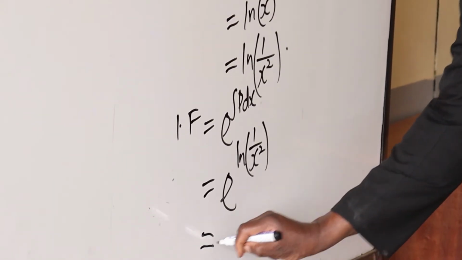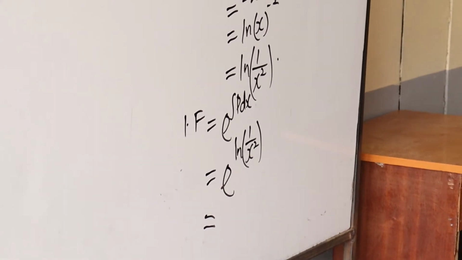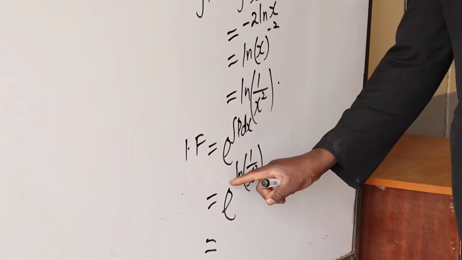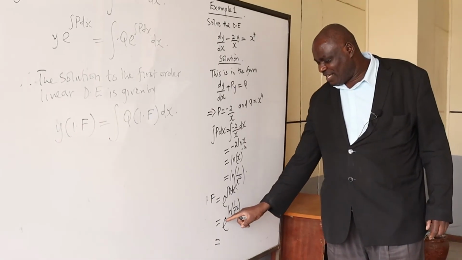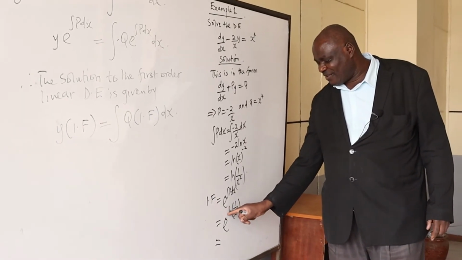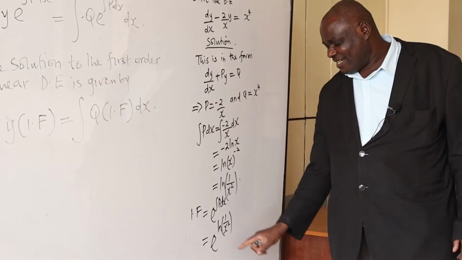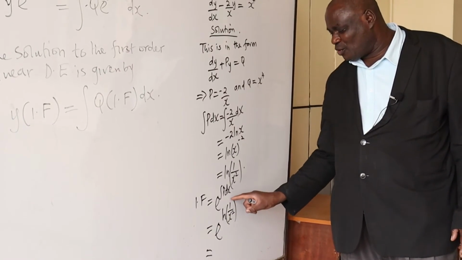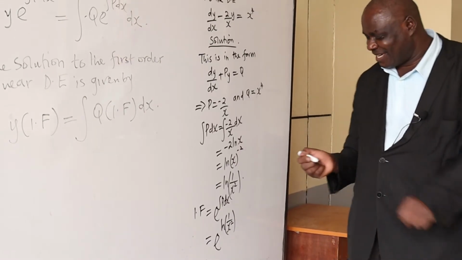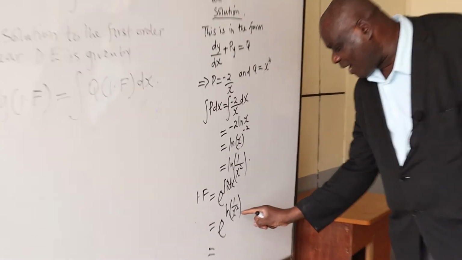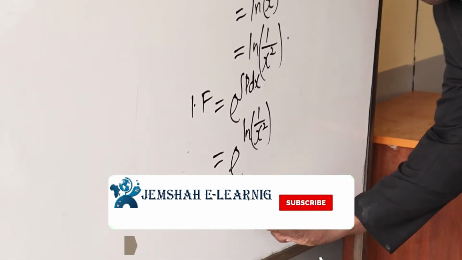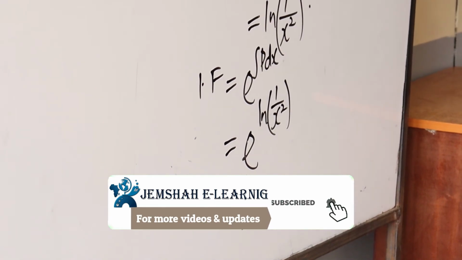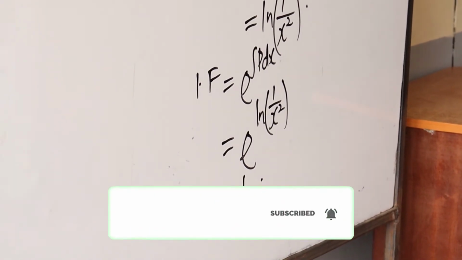So if you have an exponential, e raised to a power where the coefficient of ln here is 1, we say e power ln of anything that you see, the answer is that something. So e power ln of 1 all over x squared, the answer is 1 all over x squared. And that will now be our integrating factor.